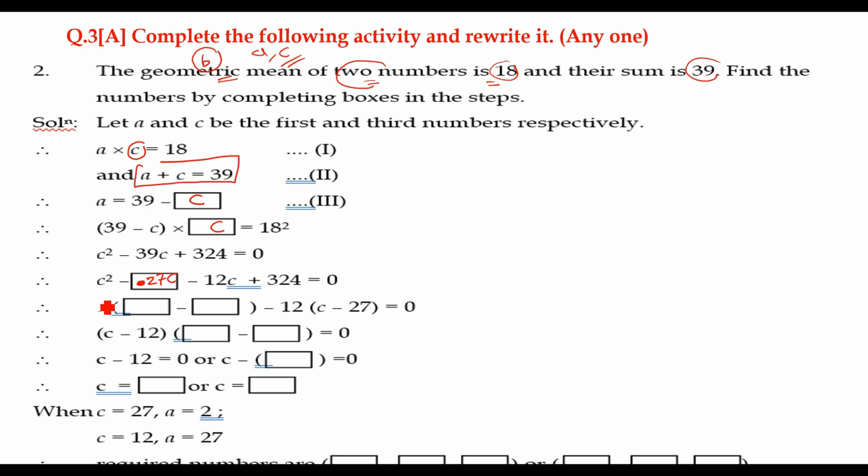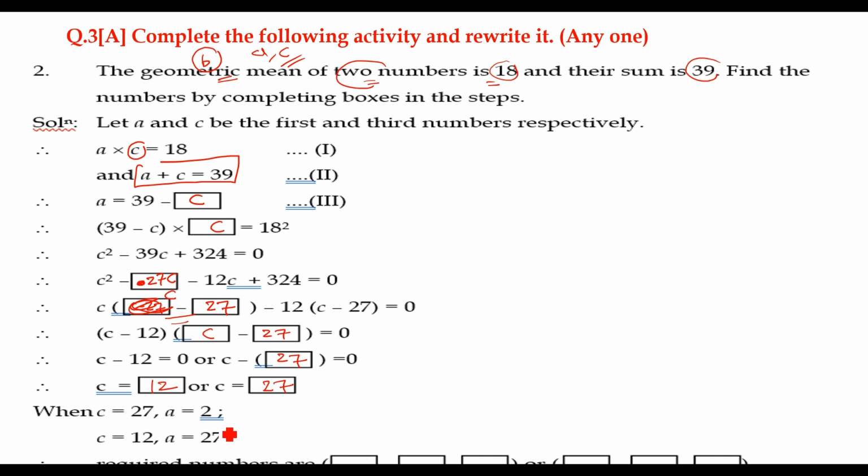Here we can take c common. If you take c common, then in this bracket will be c minus 27, and here c minus 12. So c minus 12 equal to 0, c minus 27 equal to 0, that is c is equal to 12 and c is equal to 27.